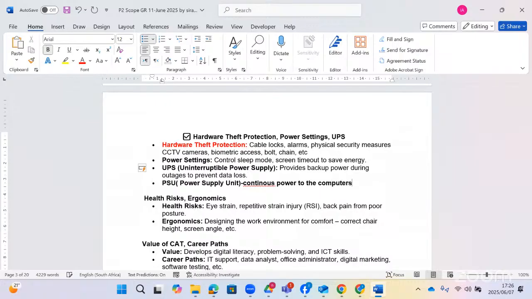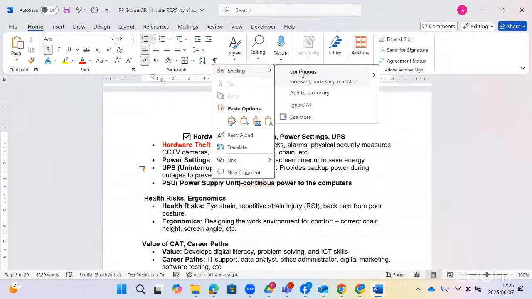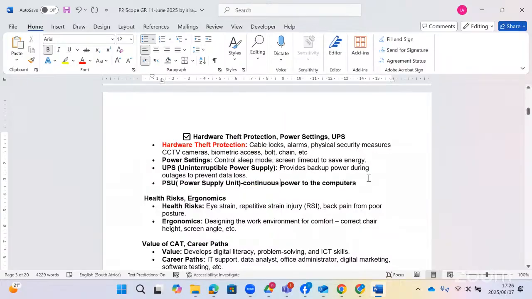In other words, like your charging unit, where you plug in your charger, or if it's a desktop, where you plug in your power cable, there's a device connected to the motherboard, which is called the power supply unit. And that one gives the power to the computer system.